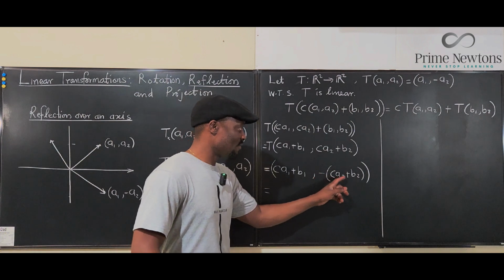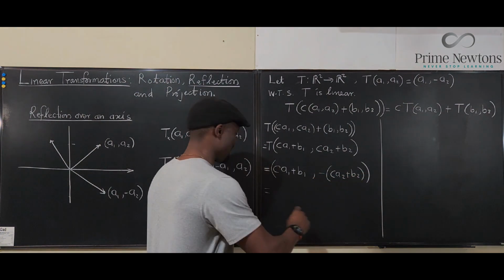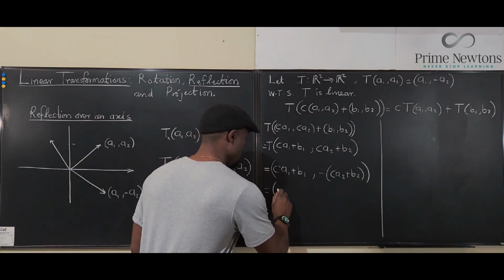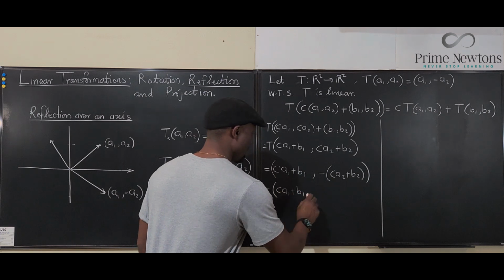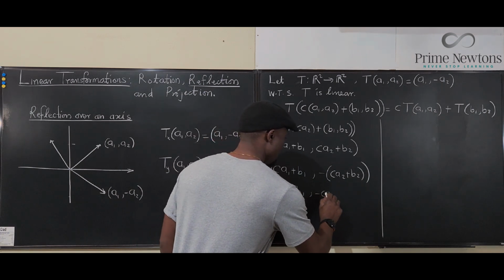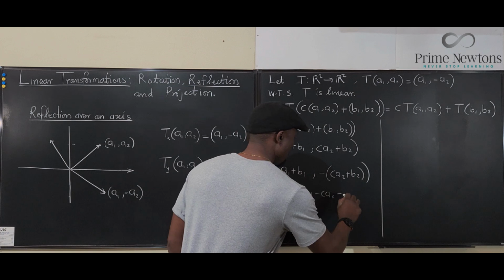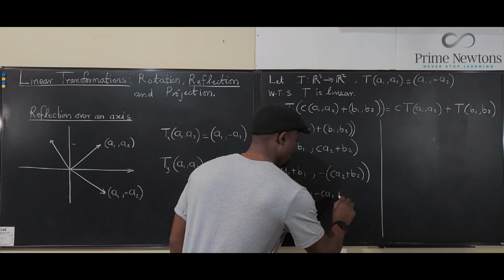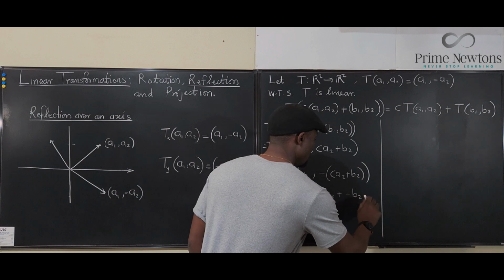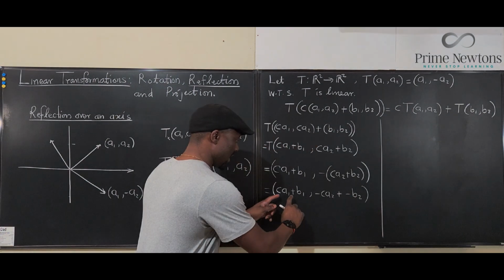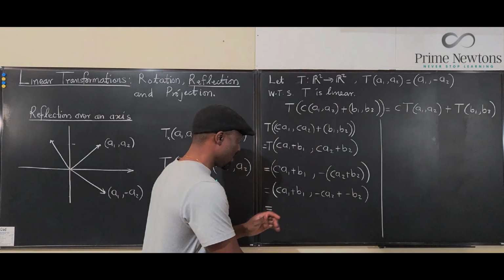So this negative will be distributed, and don't add yet. So we're going to have CA sub 1 plus B sub 1, comma, negative CA sub 2 plus negative B sub 2. Okay. Now I can start undoing the things I had done before.